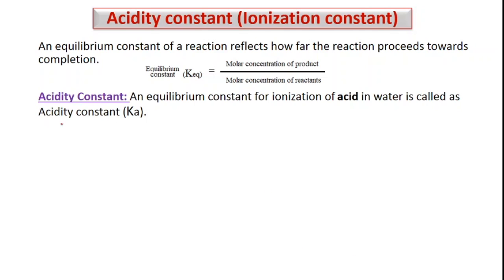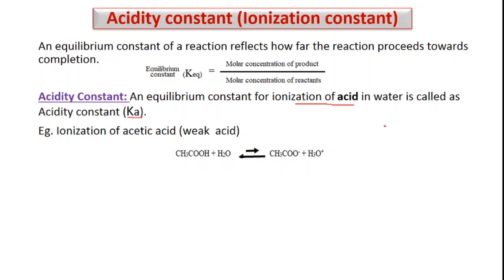Now we will see what the acidity constant is. The equilibrium constant for ionization of an acid in water is called the acidity constant, denoted as Ka. For example, consider the ionization of acetic acid. When acetic acid is dissolved in water, it dissociates very slightly.